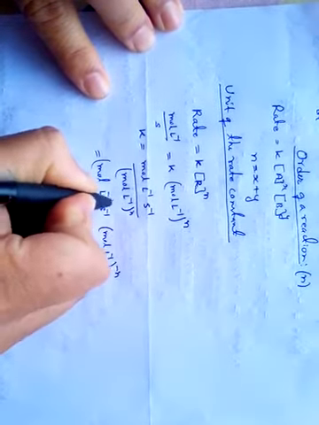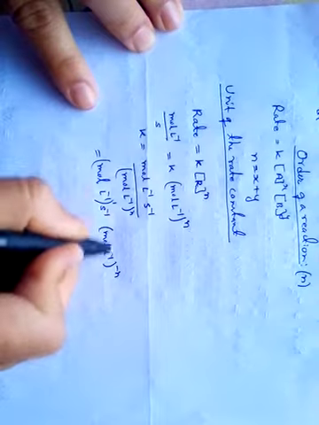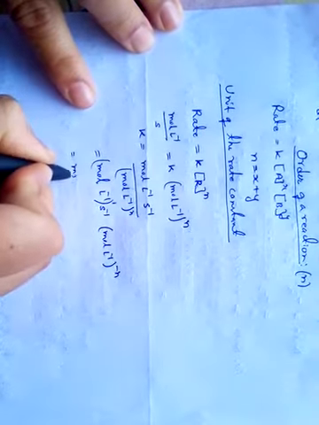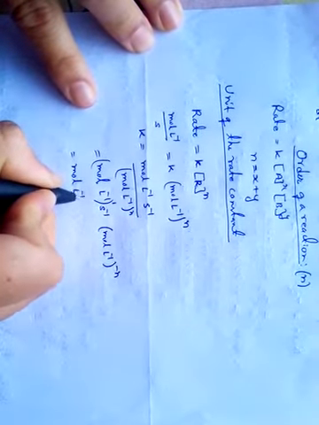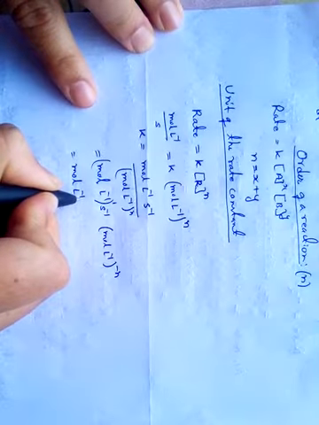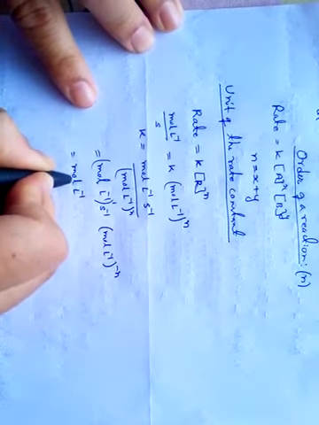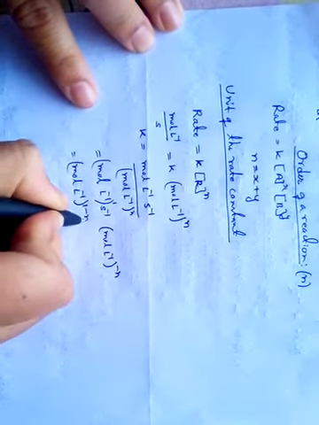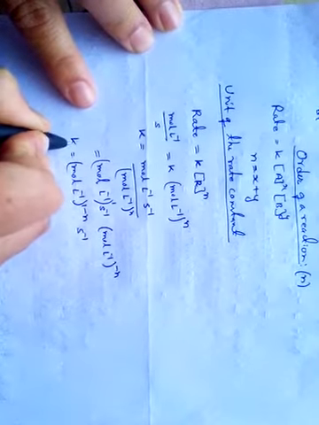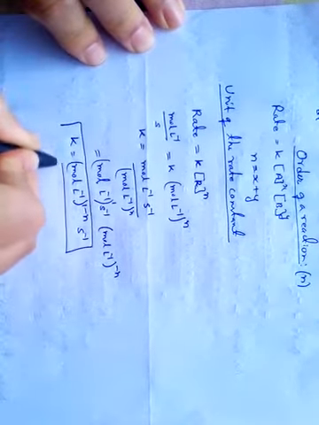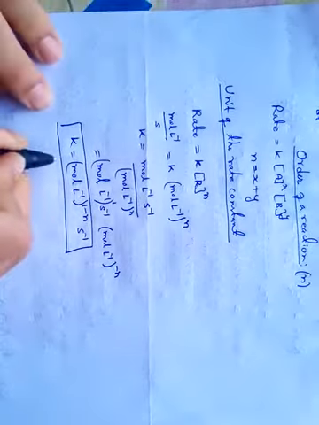If the base is the same, powers should be added, so it's mole per liter to the power 1 minus n per second. With the help of this equation we can calculate the unit of the rate constant.